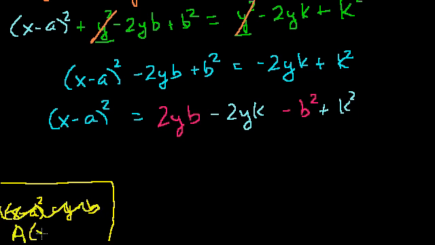A times x minus, well, I already used the a, so let me write x minus, I'll call that v squared. I'm picking v for the x value of the vertex. I'm making up variables on the fly. A times x minus v squared is equal to y minus b. The actual letters I choose don't matter, but this is a general form of a parabola. And this is where I'm trying to go.